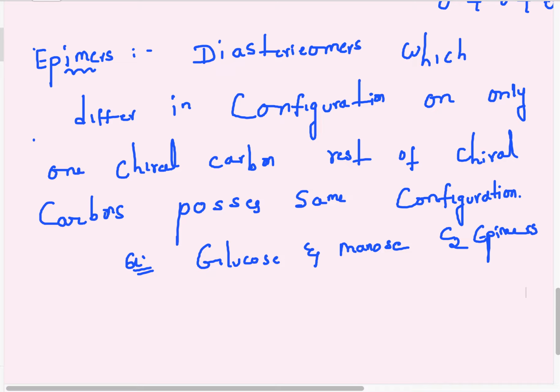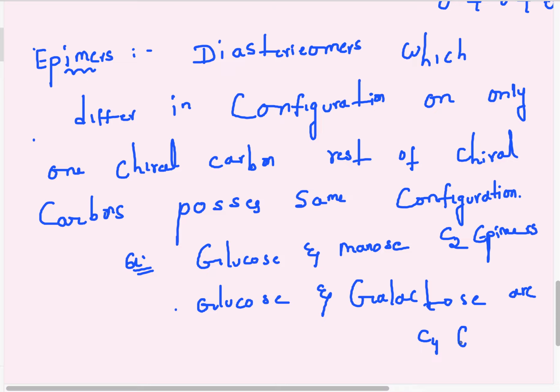Galactose we are using in the lactose disaccharide time. So that's the reason I have introduced this part here. Glucose and galactose are C4 epimers. That's it.